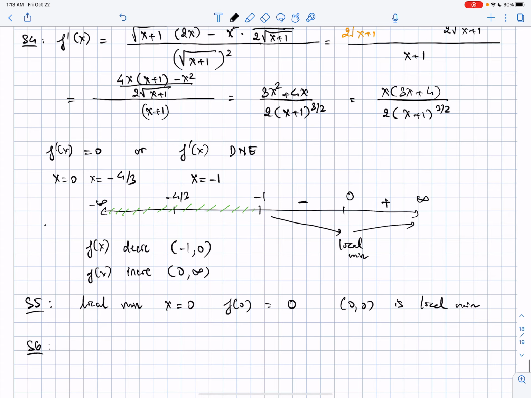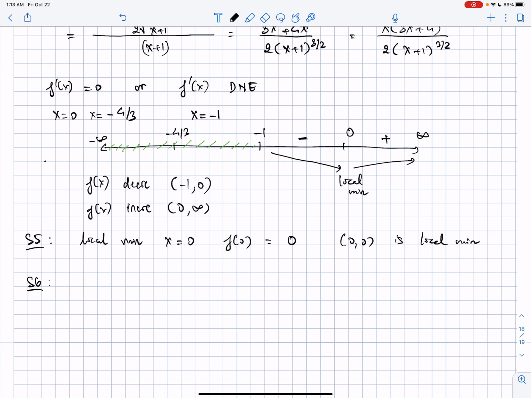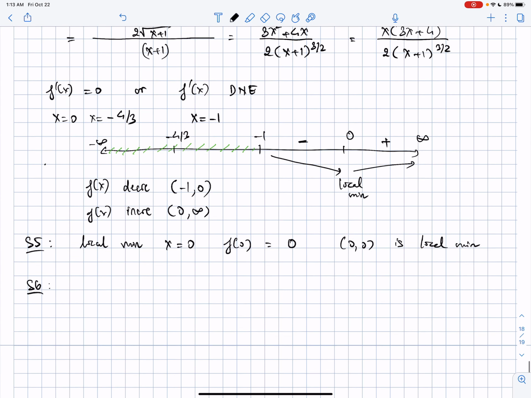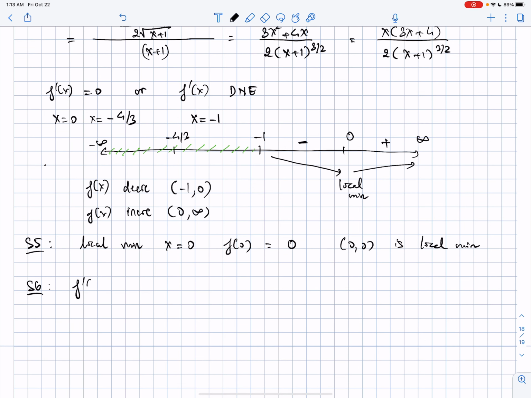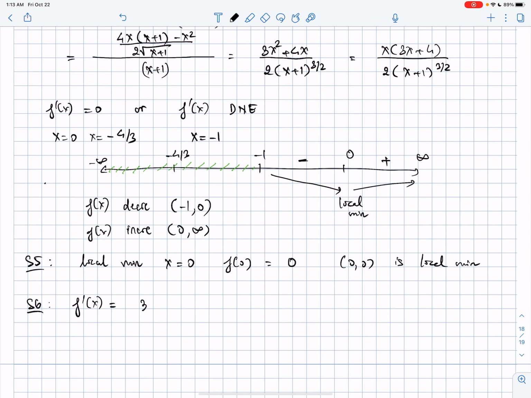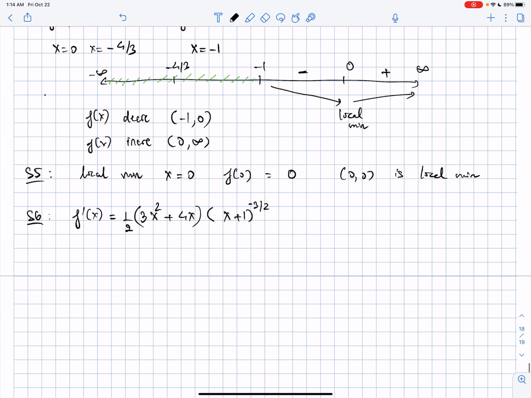Step number 6, we will compute f double prime. So this will be a lot of work for us. Let's write out f prime as a product. So that is (3x squared plus 4x) times (x plus 1) to the negative 3 over 2, and then we have 1/2. So I think about the product, and I want to apply the product rule. It will be easier for me than the quotient rule. We're going to pull out the 1/2.